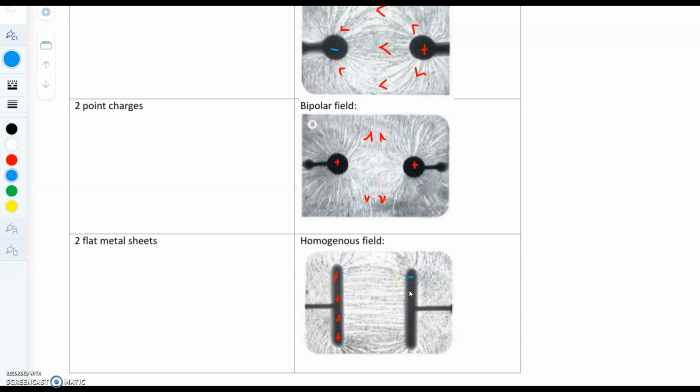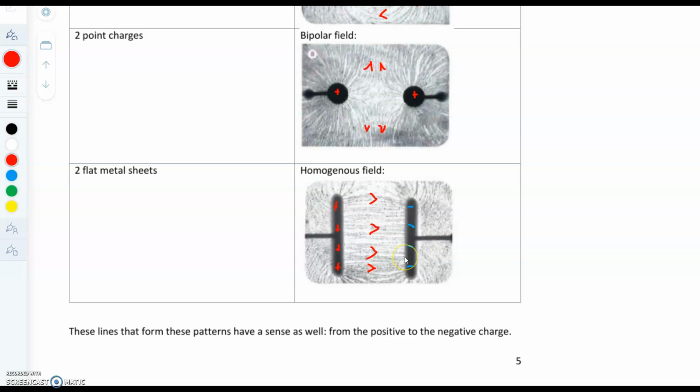The right sheet is negatively charged. We can assume that the field lines are going from the positive towards the negative plate in this case. Roughly, the field vector here is identical, whether you want to draw it here or here. It's an identical field vector, which is the definition of a homogeneous field in essence.